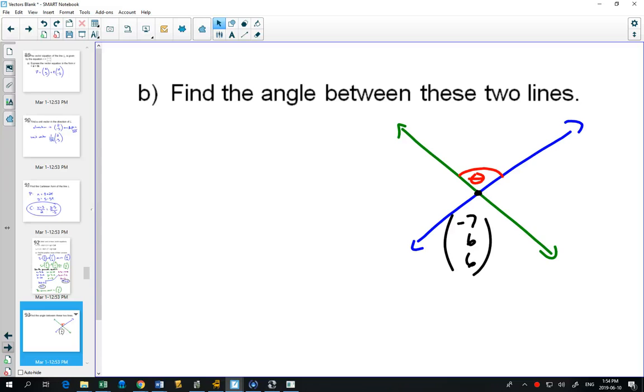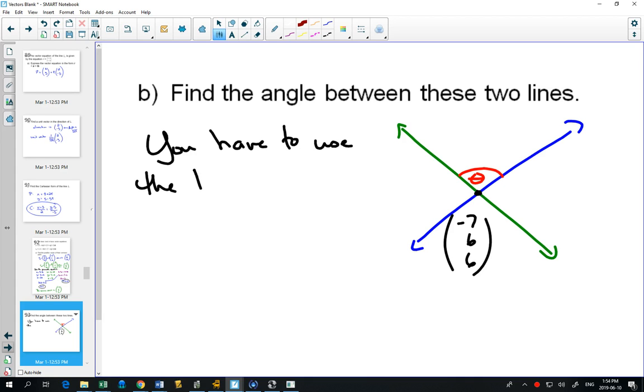And the green vector and the blue vector, you have to use the direction vectors of the lines.